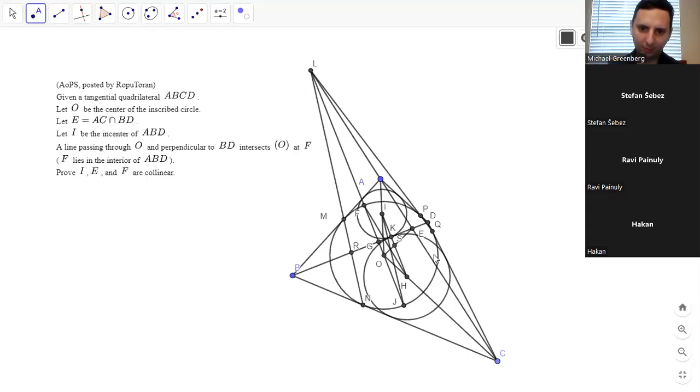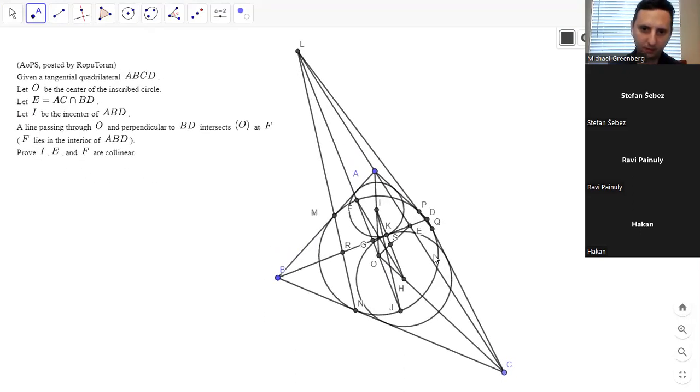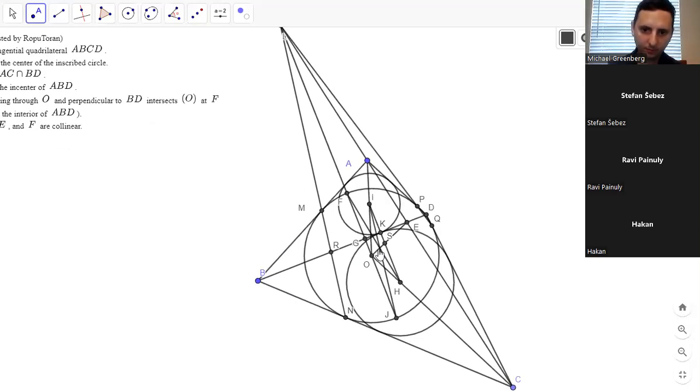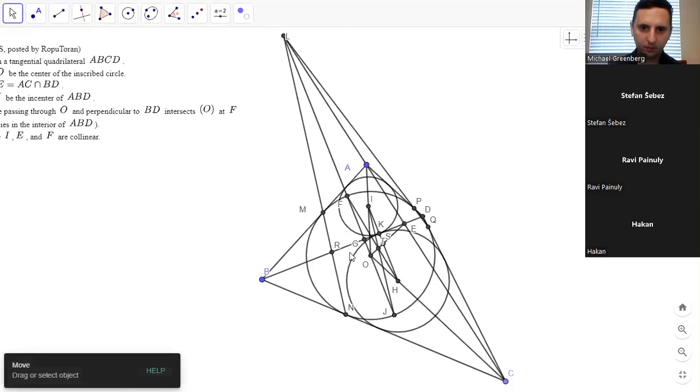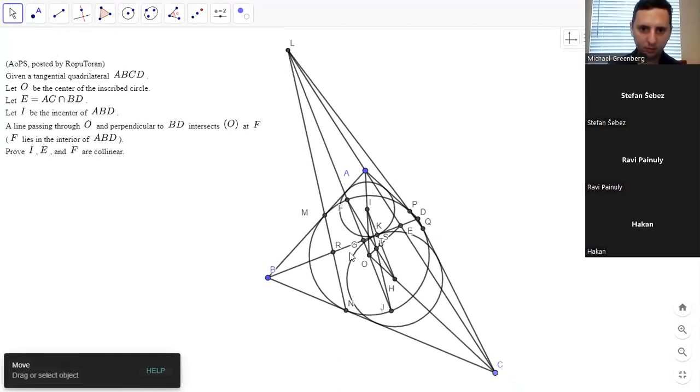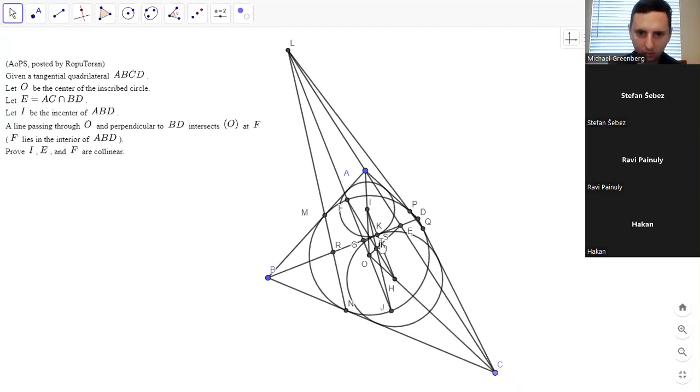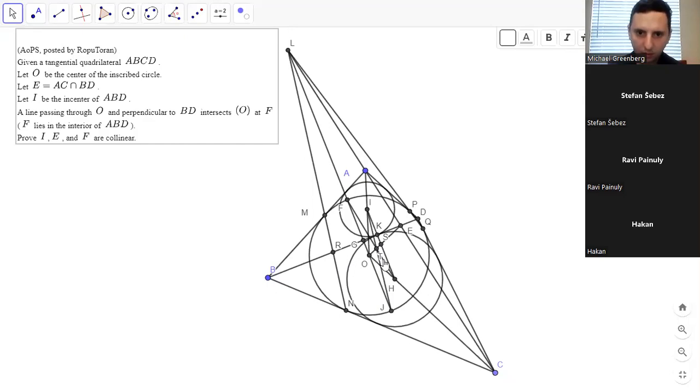There we go. Now we want to show that SOTE is harmonic. And we project through G onto IH.